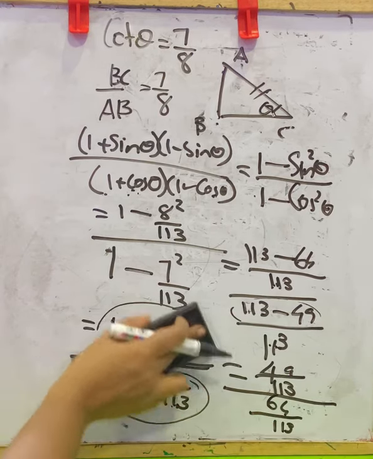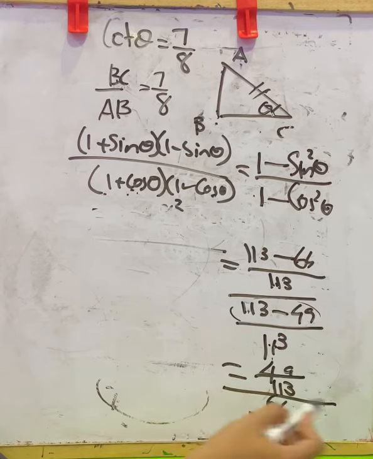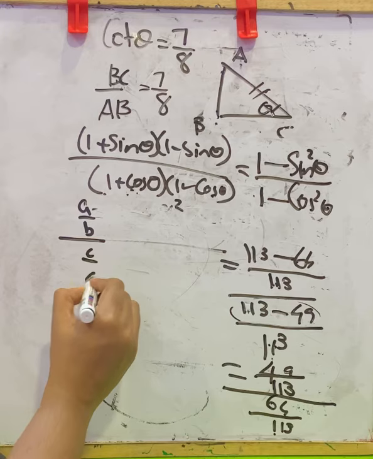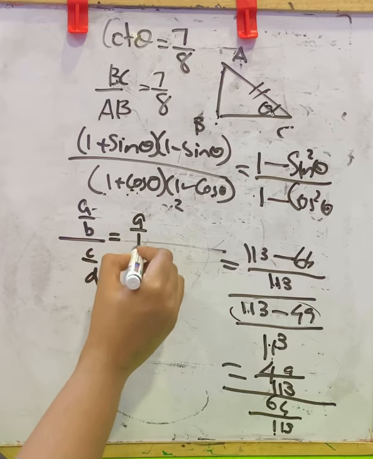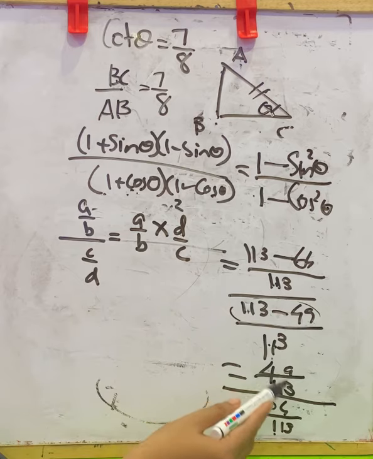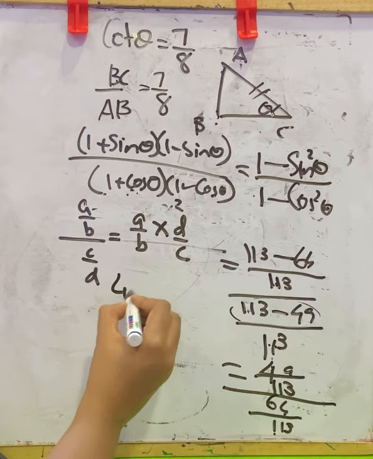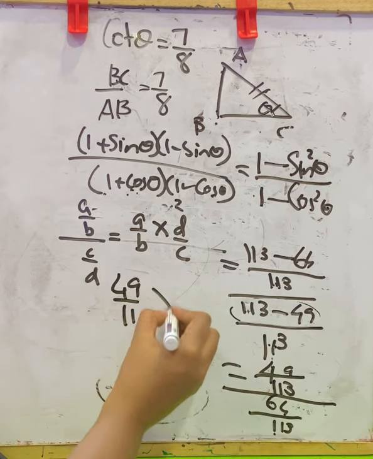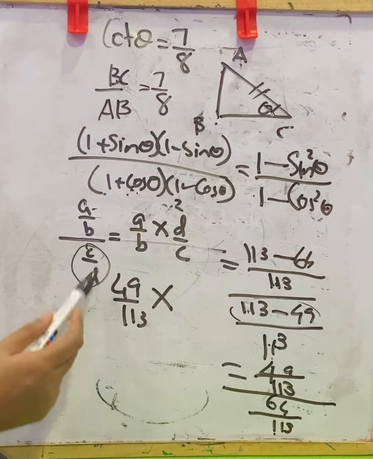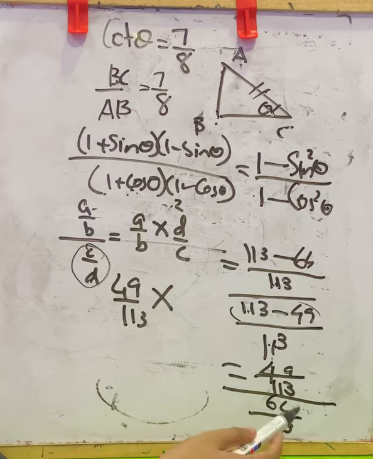Here you can apply, this is a by b whole by c by d. A by b whole by c by d is equal to a by b into d by c. That is here a by b is 49 by 113 into d by c, that is reciprocal of this c by d, its reciprocal d by c.